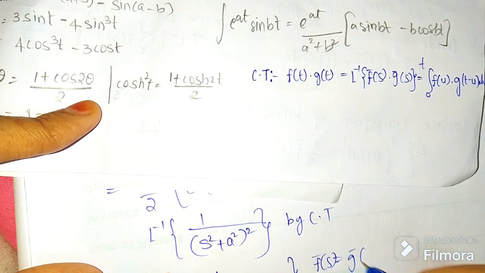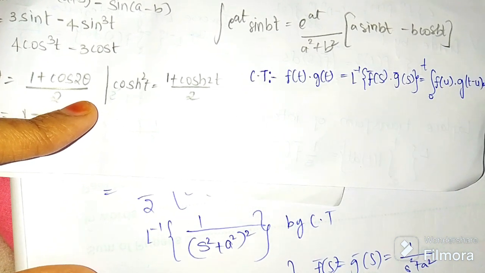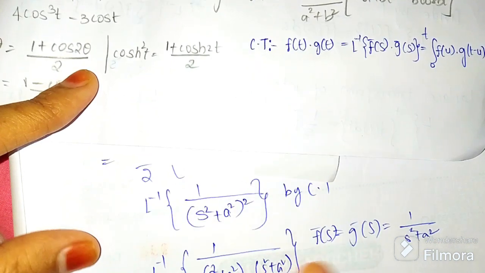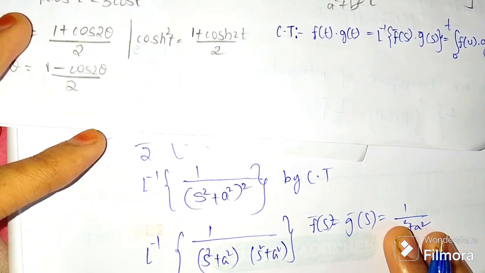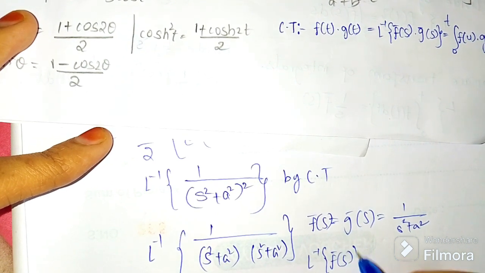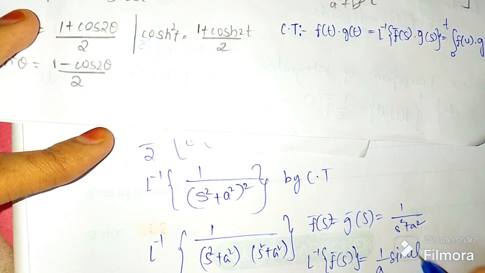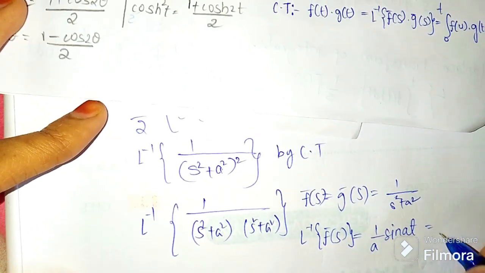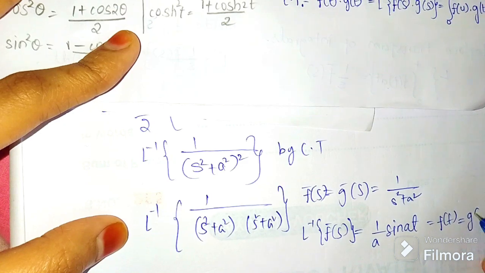It is equal to g bar of s is equal to 1 by s square plus a square. G bar of s is also this only. So now I'll find Laplace inverse of f bar of s or g bar of s, which is 1 by a sin at. This is my f of t. Okay, this is also my g of t.